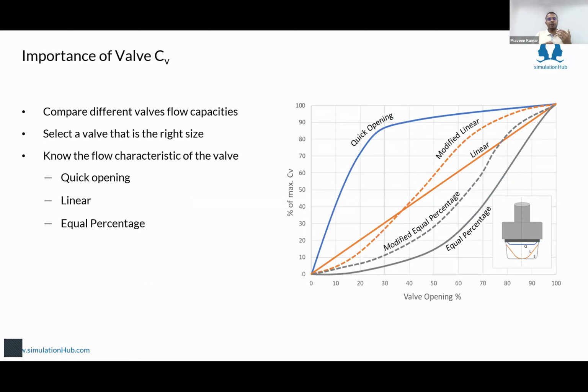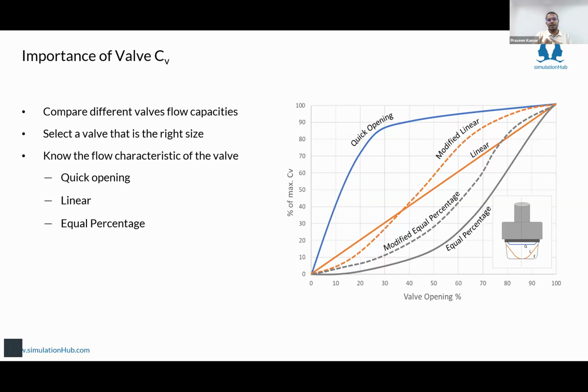Depending on the profile of the trim and the valve design, some valves could be quick opening, which is required in nuclear applications to cool down. You need immediate cooling down, so quick opening is required. In some cases, linear opening or equal percentages may be required. So depending on that, CV importance is based on the flow characteristics, and you can size the valve and flow capacity.